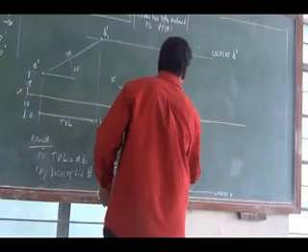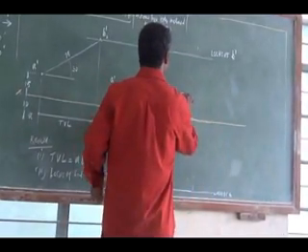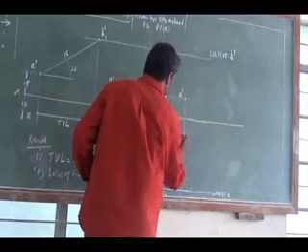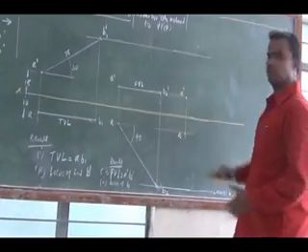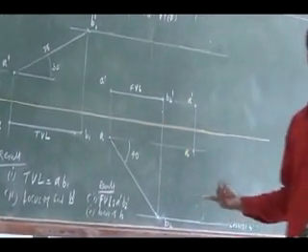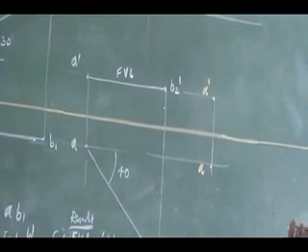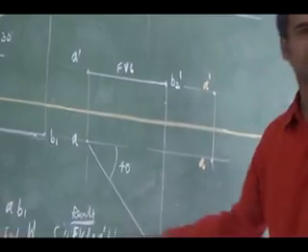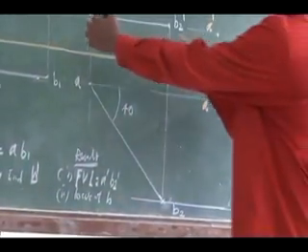You see here, this is going to be my end A dash and A. What is the front view length? You have the front view length here, in this result. It is A dash B2 dash. You have this length.